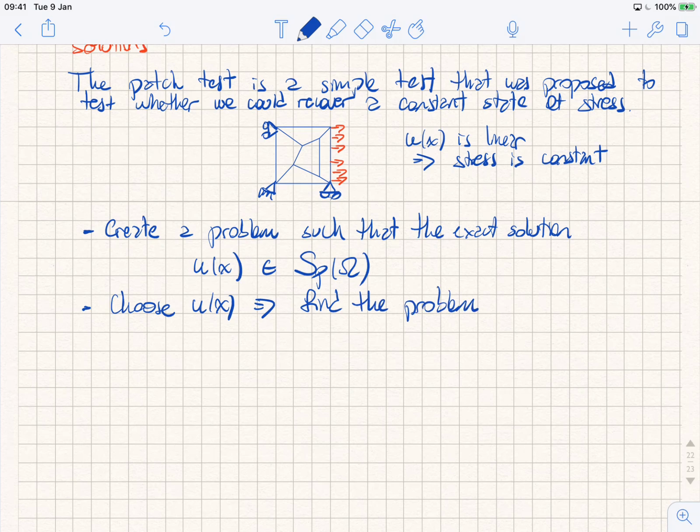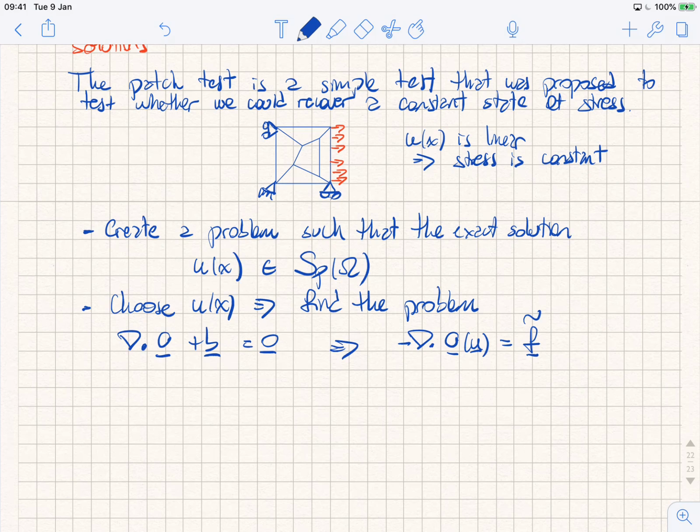So in the case of elasticity, if you remember, we were dealing with the divergence of the stress tensor plus b is equal to 0. Then basically all I have to do is to apply what is that exact solution. So I obtain the divergence of that stress, which is a function of my exact solution, and I obtain some vector valued function which is my body force, and I call it F just to make sure that I don't confuse that with the body force.